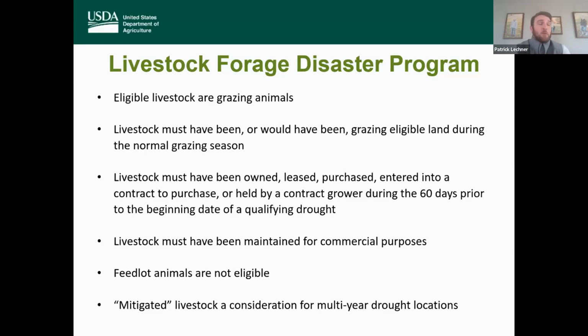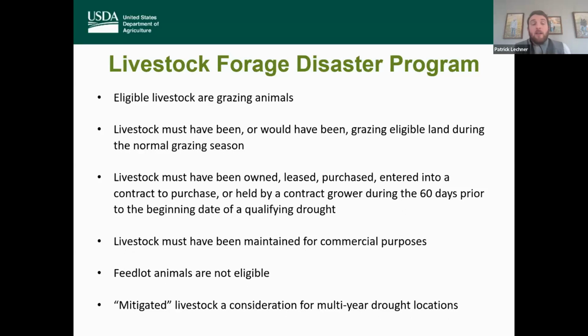So a perfect example would be if you've got a ranch and you have horses that you use as part of that ranching operation that ultimately contributes to the livestock and the viability of that commercial operation, we can include those in an LFP application. Feedlot animals are not eligible under LFP because LFP is designed as a grazing lands program.